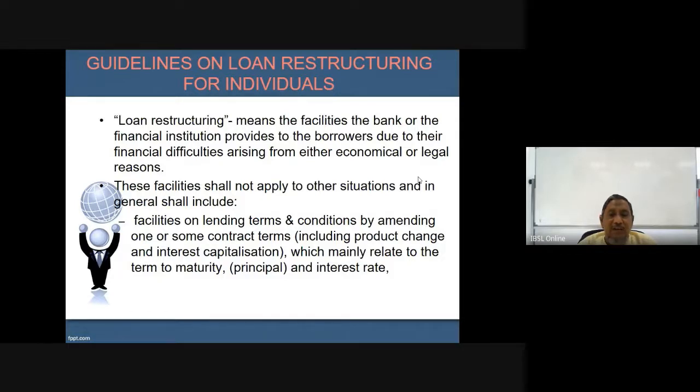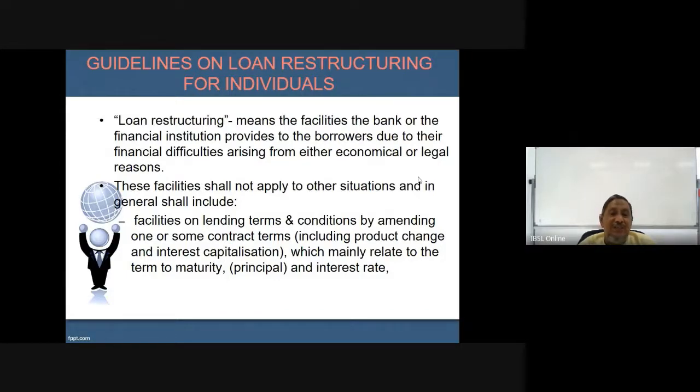These facilities shall not apply to other situations and in general shall include facilities on lending terms and conditions by amending one or some contract terms, including product change and interest capitalization, which mainly relate to the term of maturity, principal, and interest rate.